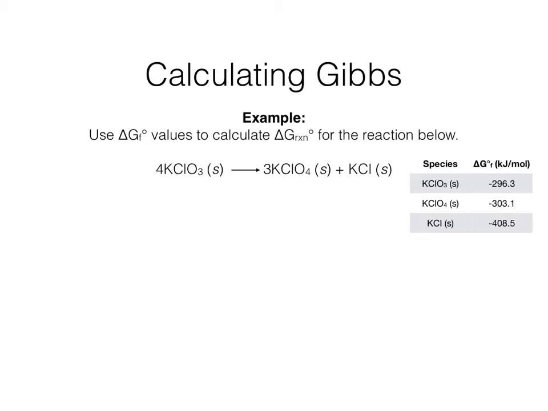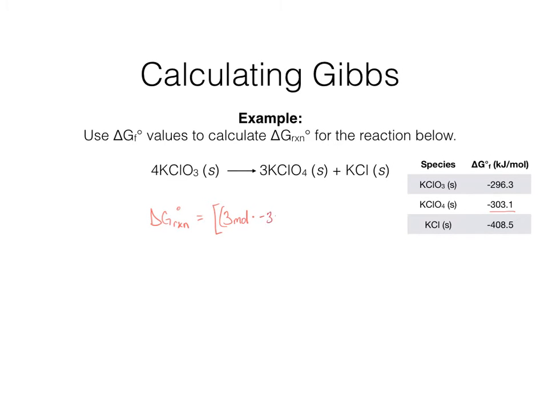And so to calculate our delta G of our reaction, and to do this for this reaction, we would take our 3 moles of KClO4 times the delta G of formation of that, which is negative 303.1 kilojoules per mole, plus 1 mole of KCl times the negative 408.5 kilojoules per mole for KCl.